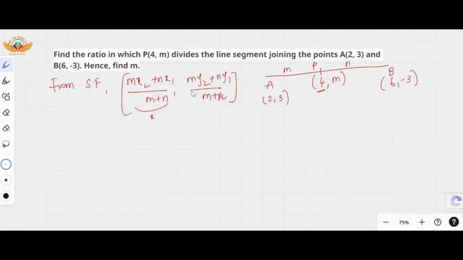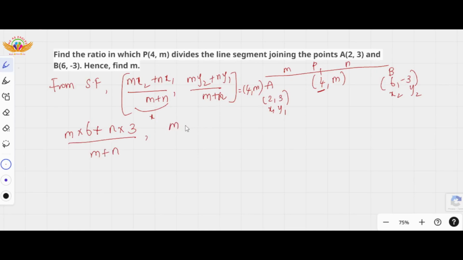They gave this point as 4 comma m, no? So m is m, we don't know. This is x1, y1 and this is x2, y2. So what is x2? 6 plus n, I don't know n, and what is y1? 3 divided by m plus n, comma, what is m here?